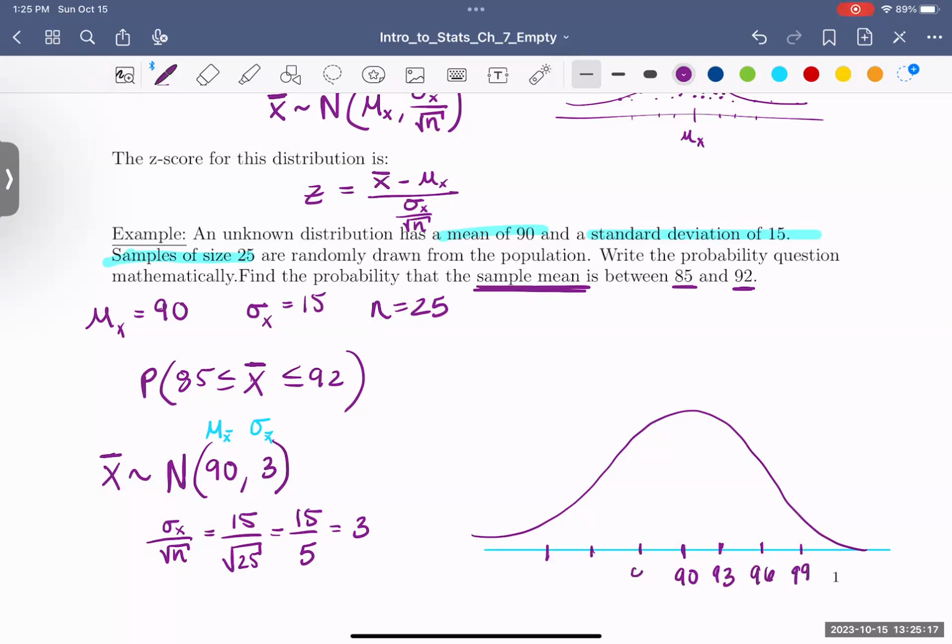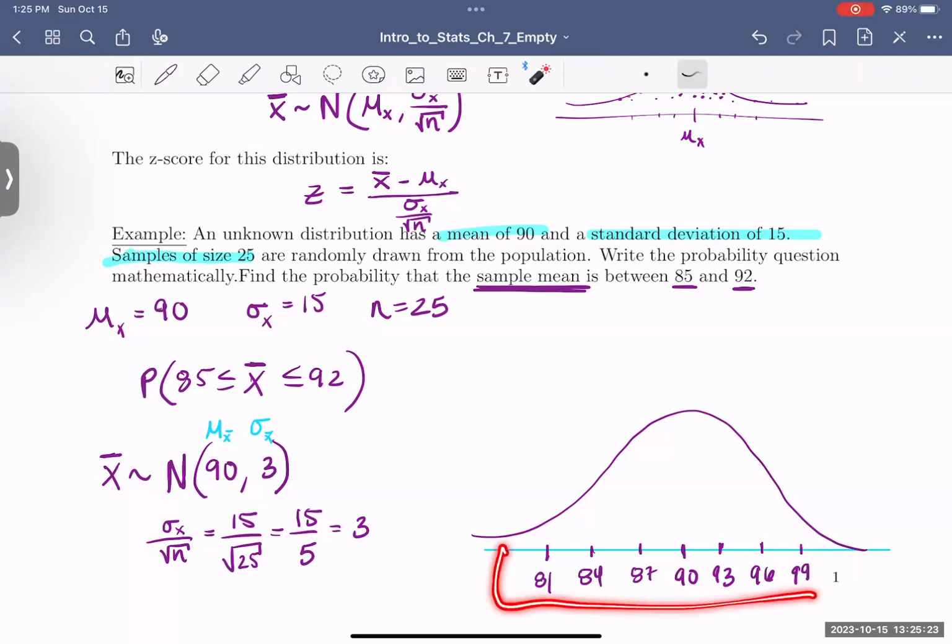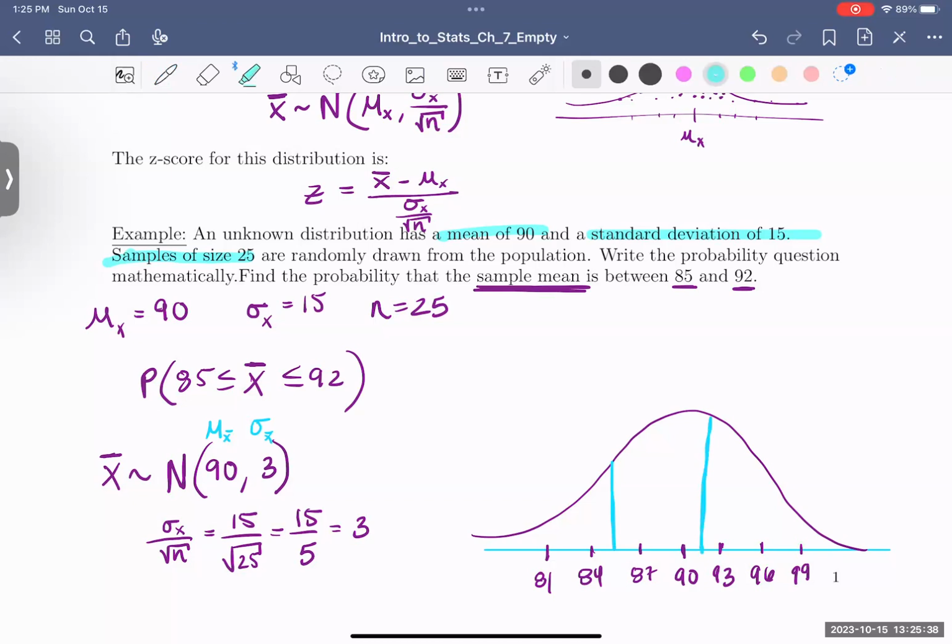That's my new standard deviation. If I was using the empirical rule, I would be asked about these specific numerical values, which I'm not in this case. 85 is going to be somewhere right in here. And 92 is going to be somewhere right in here. And we're shading between them.